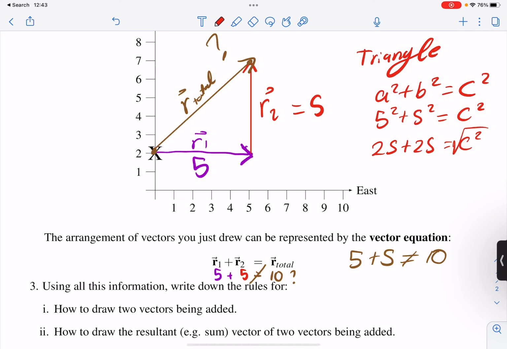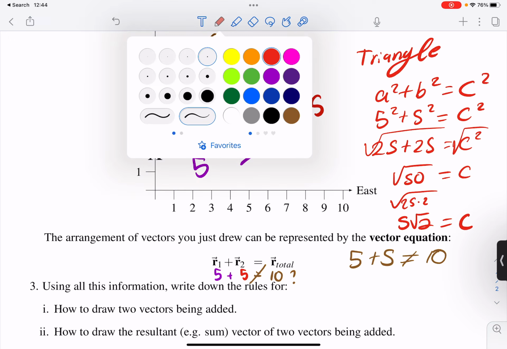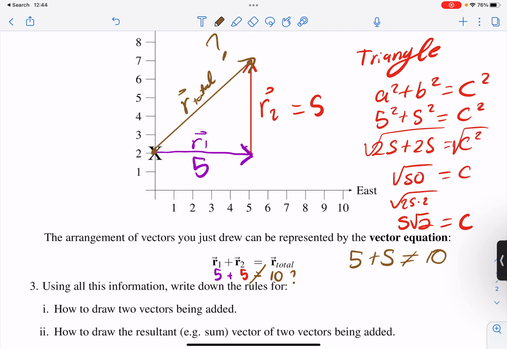So we're going to get the square root of 50. Square root of 50, this is 25 times 2, right? So 25 times 2 square rooted, 5 square root of 2 is actually C. So 5 plus 5 does not equal 10. 5 plus 5 equals 5 square root of 2.